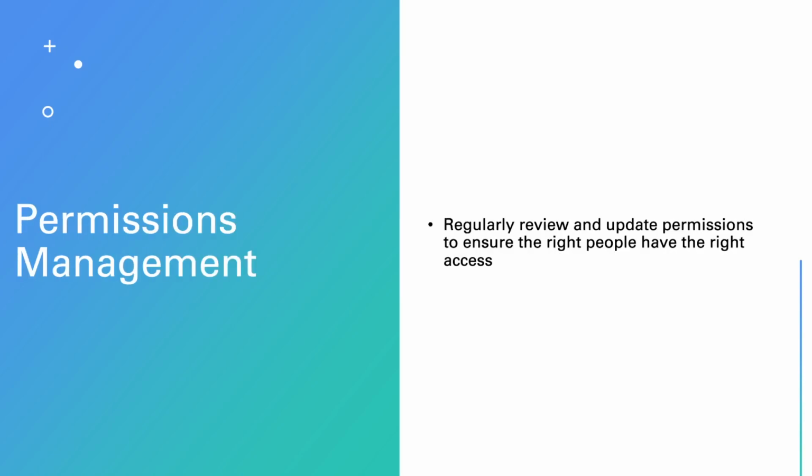The next thing is permissions management. You need to regularly review and update permissions to ensure the right people have the right access. For example, anonymous access allows basically anyone on the internet to see your page. Some may say, I'm okay with that as long as they don't edit something.